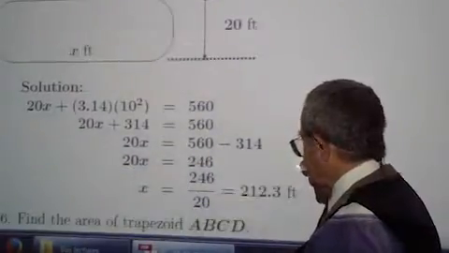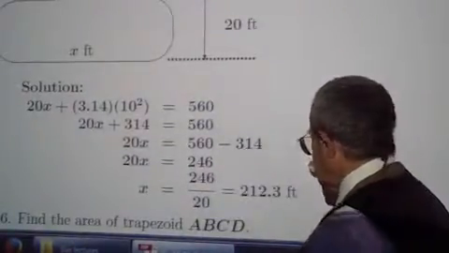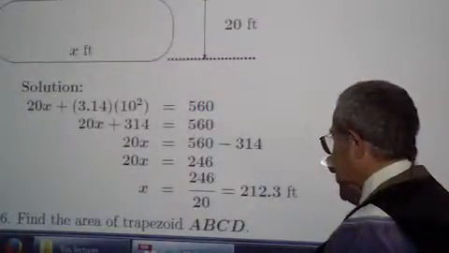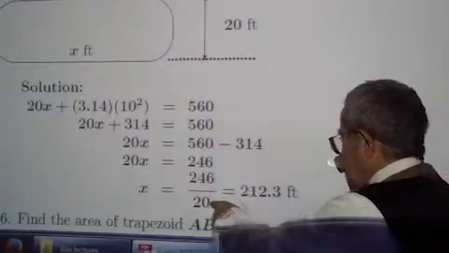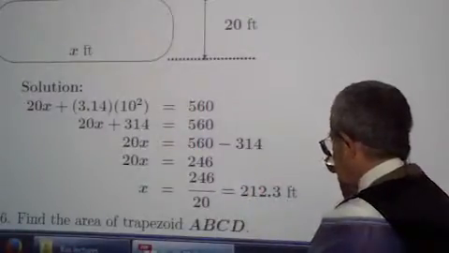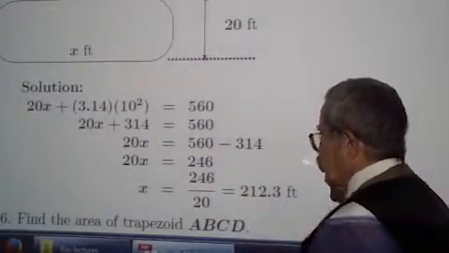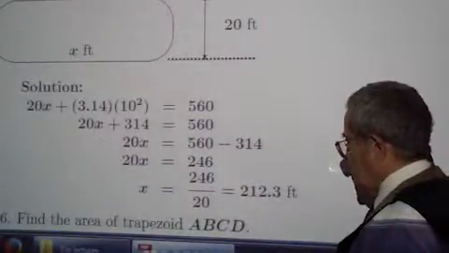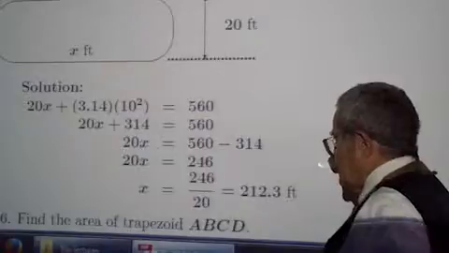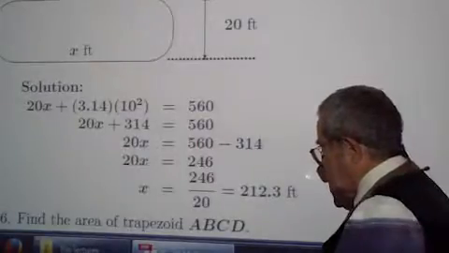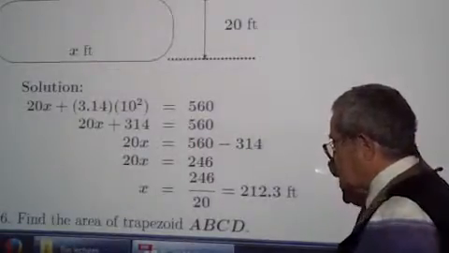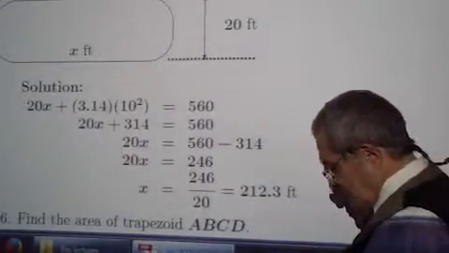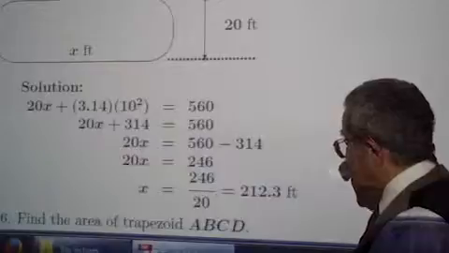And if you divide both sides by 20, you should get, ooh, I don't like this. If you divide 200 by 20, you should get about 10. This figure is not correct. I don't know where that figure came from. But if you will let me do this quickly, we are not supposed to use calculators, but I need an answer very quickly.